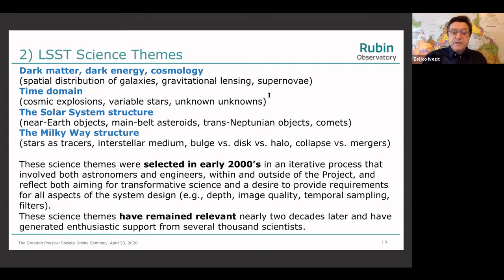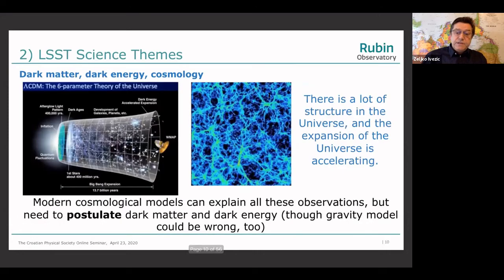And now almost 20 years later, we still believe that if we had to redo the whole process today, we would end up with a very similar system and with very similar science drivers. So let me now tell you a little bit more about each of these four main science themes. Let me start with dark matter and dark energy in a cosmological context.